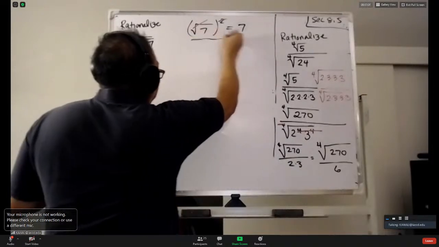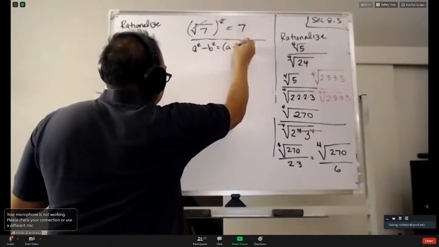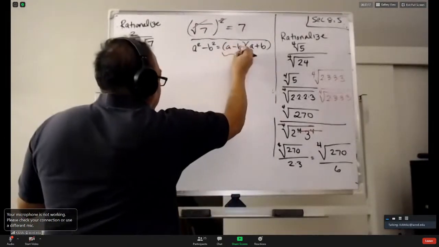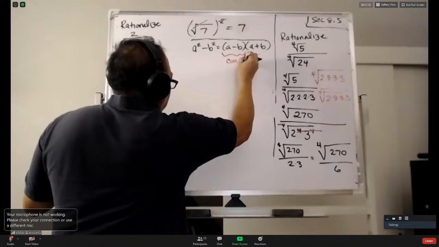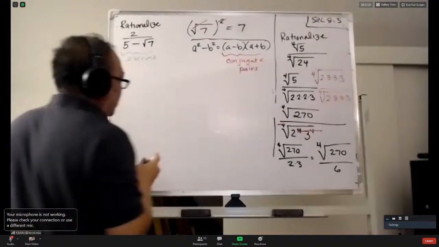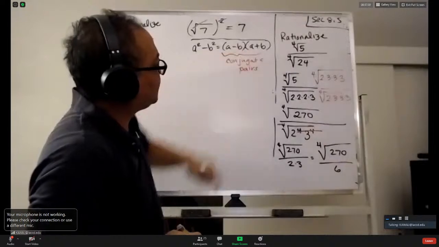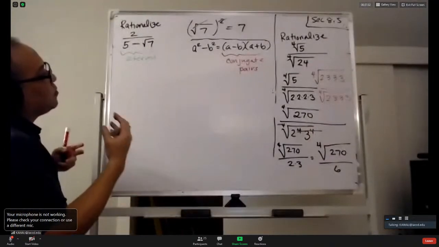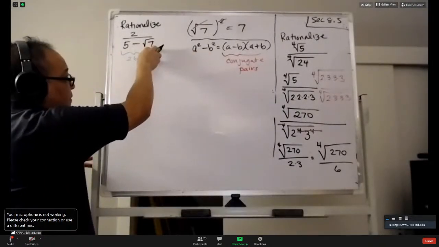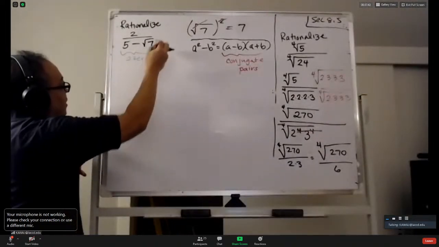Now in the past we had this formula: a squared minus b squared is equal to a minus b, a plus b. These are called conjugate pairs. Okay. So the conjugate of a minus b is a plus b. They just have opposite signs. And the reason why we like to use conjugate pairs is because we like this idea of squaring this and squaring that. Okay. So what we're going to do here is we're going to multiply by the conjugate.